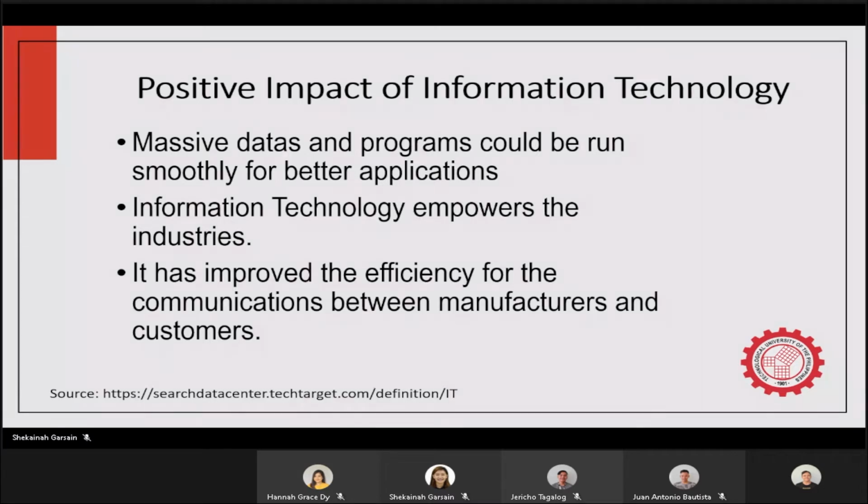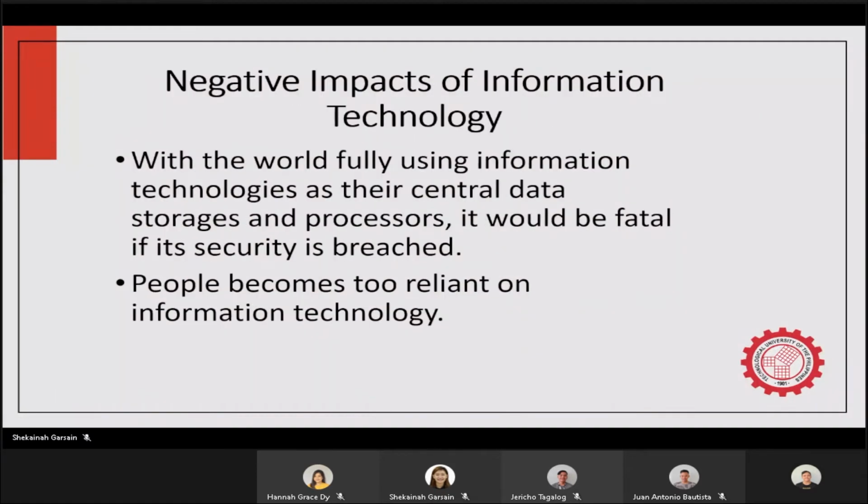And next slide po. So kung may positive tayong impact, meron din tayo syempre negative impacts of information technology. With the world fully using information technologies as their central data storages and processors, it would be fatal if its security is breached.